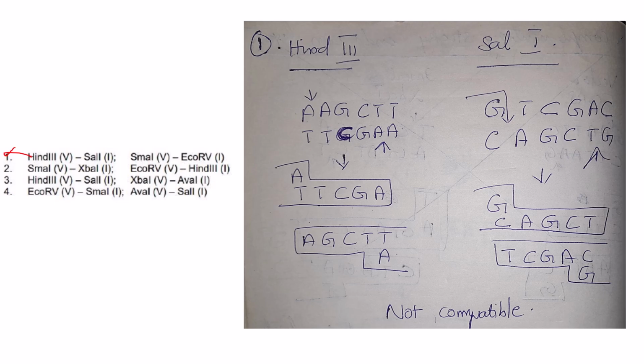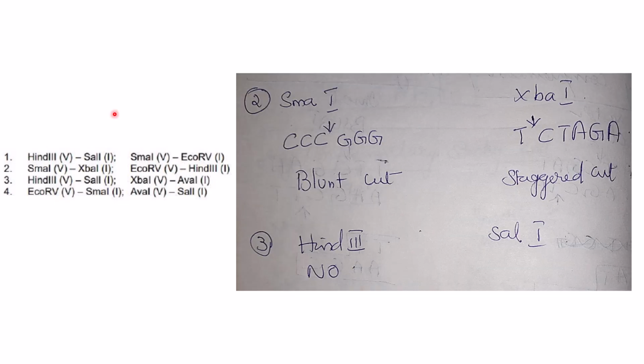Okay. Now SmaI and XbaI. So this is SmaI and this is XbaI. SmaI is giving a blunt end. See here, CCC, GGG. It is cutting right in the center here itself. You will get CCC, GGG. You won't get any overhangs. But XbaI is cutting at the ends here, next to T, and here next to T. So it will create overhangs, or it is doing a staggered cut.